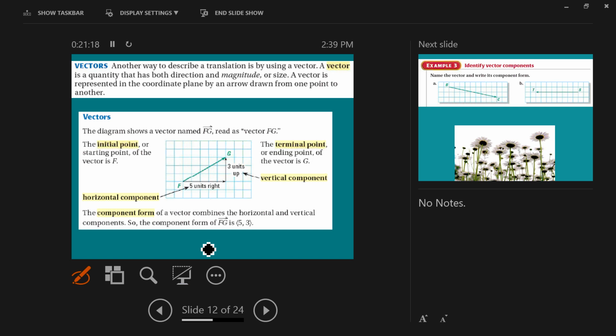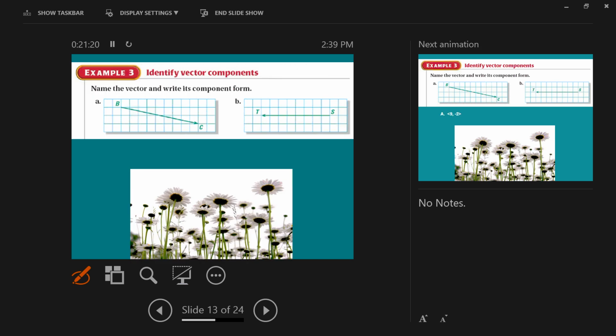All right. So now that they gave us an example, on example 3, they want you to name the figure and then draw it or write down what its vector would be. So plug in the right numbers. Okay. So for A, what's my starting point? B. So when I name it, I'm going to name this BC. Very good. With that arrow above it.